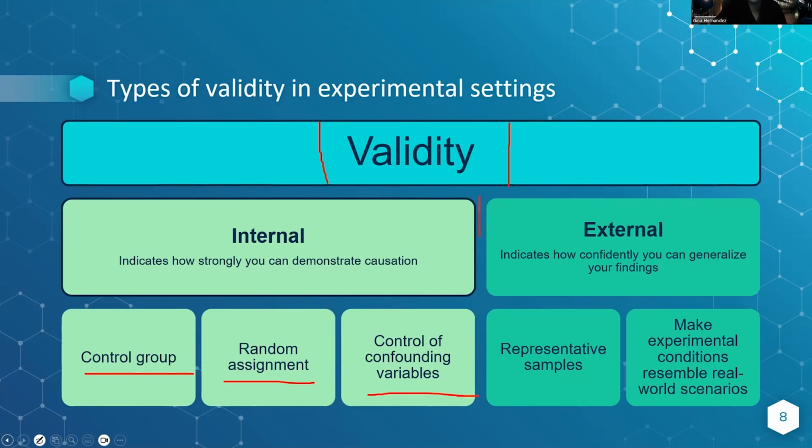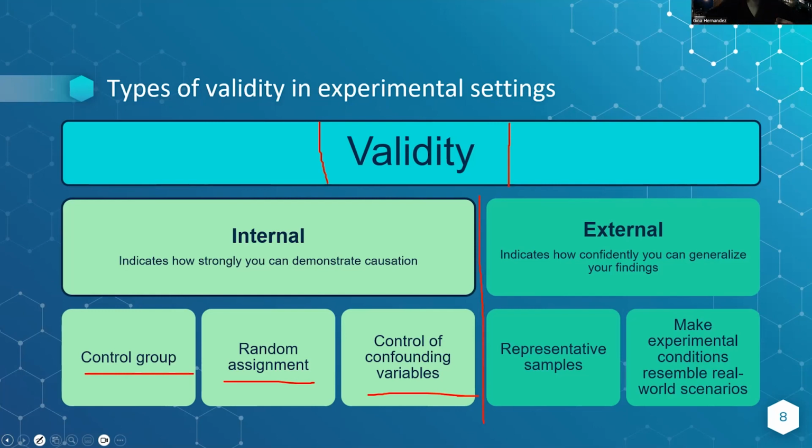So the opposite part of this is having external validity. External validity indicates how confidently you can generalize your findings to the broader population. So as you can see here, it's a trade-off between internal and external validity, because internal validity is about controlling for everything, having a really sterile room, for example, so that other variables like light or noise or colors don't influence your experiment.